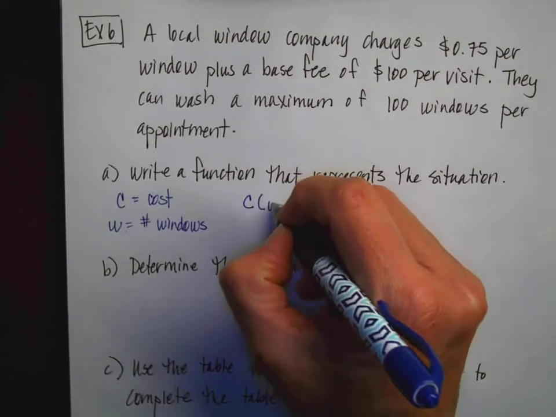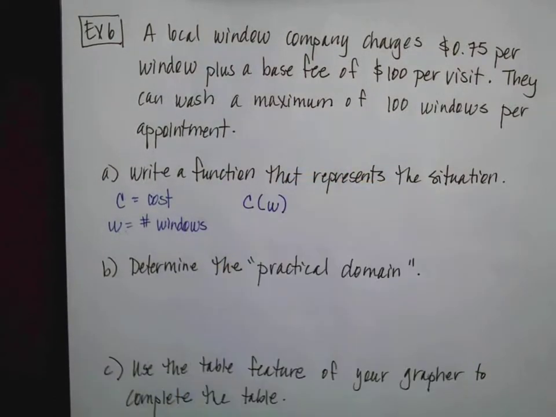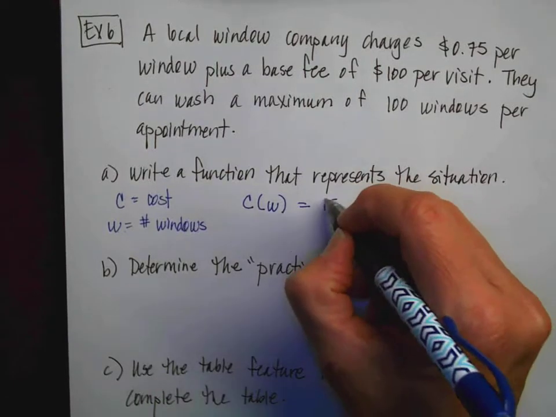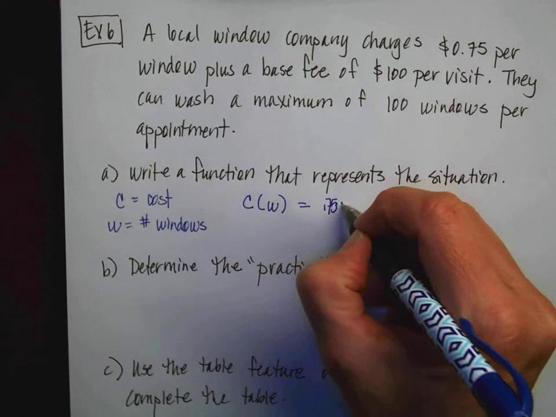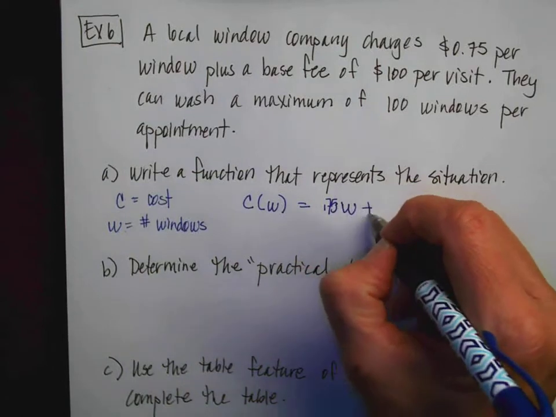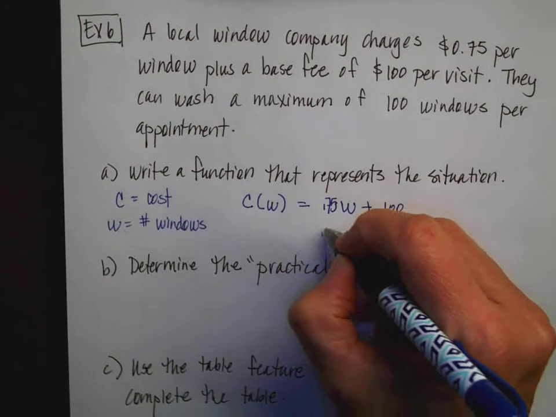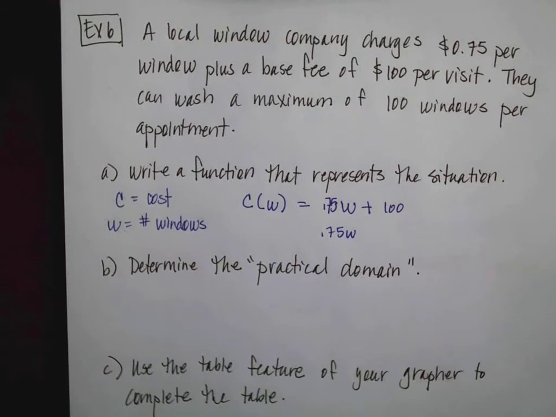So then I'm writing a function that represents the cost in terms of how many windows I wash. Well, it's going to be 75 cents per window plus a base fee of $100. Okay, so in case you can't read that, that says 0.75W plus 100. So that's going to be my function that represents the situation.